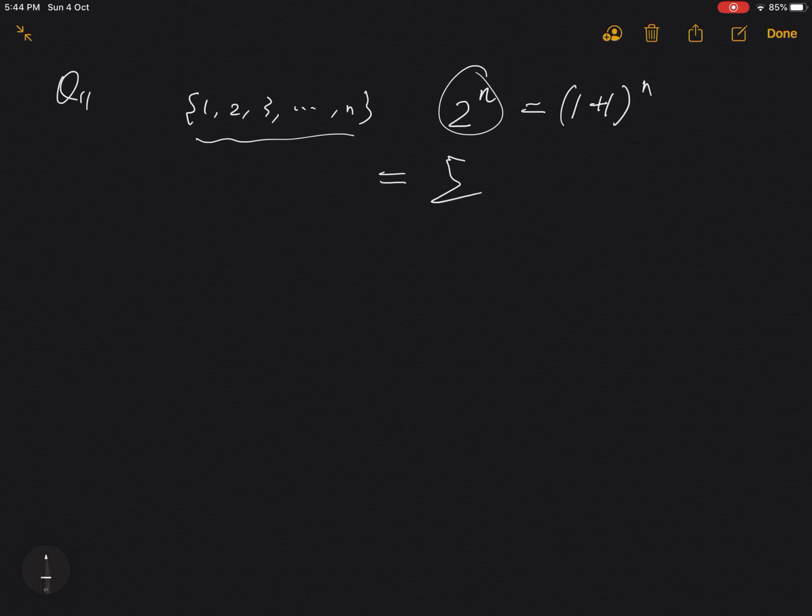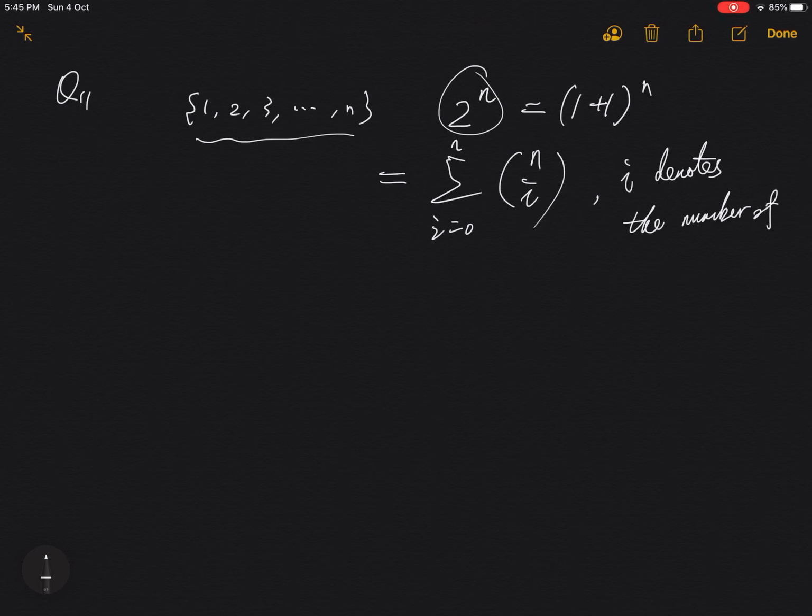This is a sum over I starting from 0 to n of n choose I, right? I denotes the number of elements of a subset.